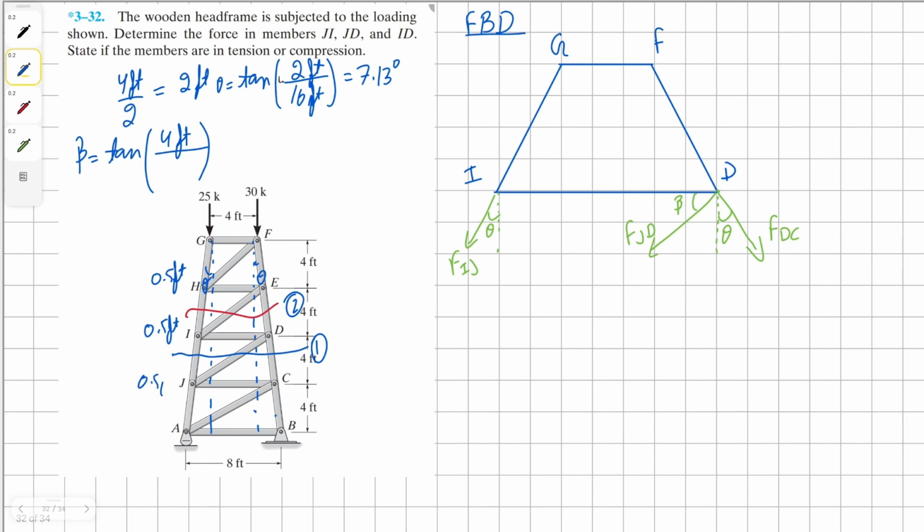Therefore, when we reach J, our left hand side has extended by 1.5 feet, and our initial length was 4 feet.